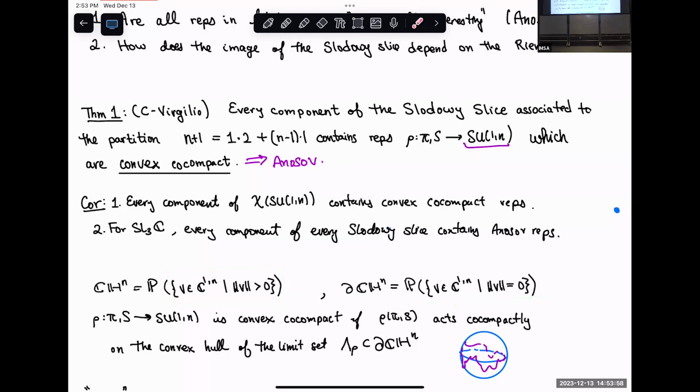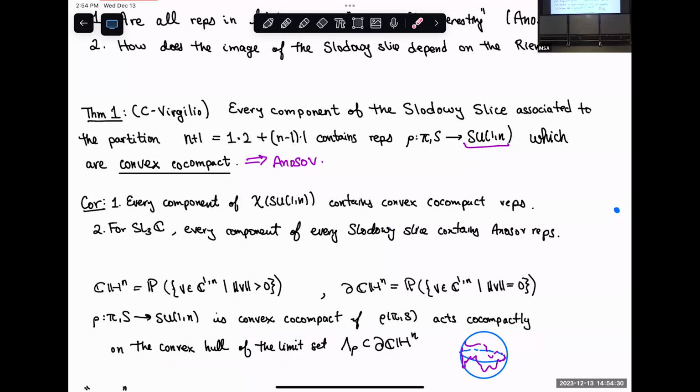What does it mean to be convex cocompact? It's like a tamer version of just acting discretely, as we saw earlier in the week. It means the representation acts cocompactly on the convex hull of the limit set in the boundary of complex hyperbolic n-space. Before, the limit set could become space filling or something like this; this is a much tamer version.